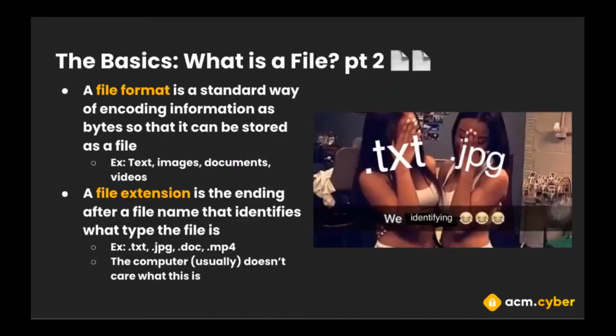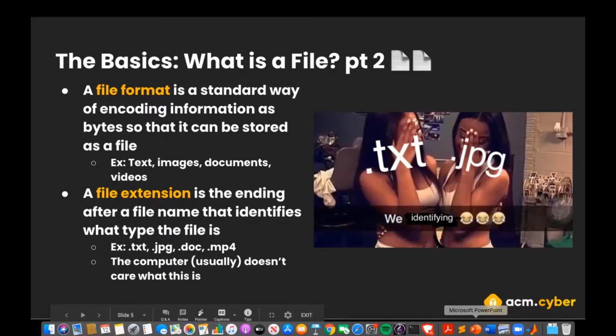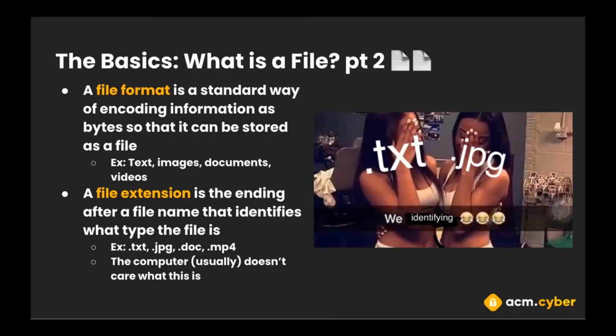All right, so a file format is a standard way of encoding information so that it can be stored as a file. So everything has to have some sort of file format. Text, images, documents, videos, all those have different file formats to encode those different types of media. The file extension is one hint you can have as to what the file format is.